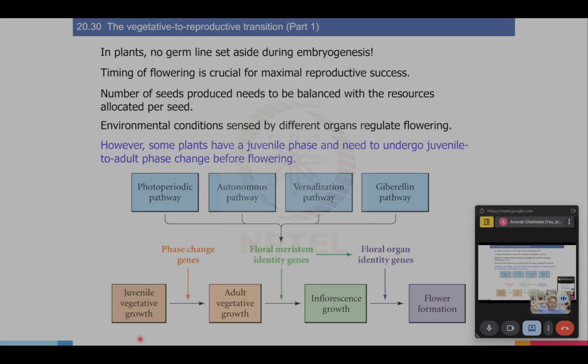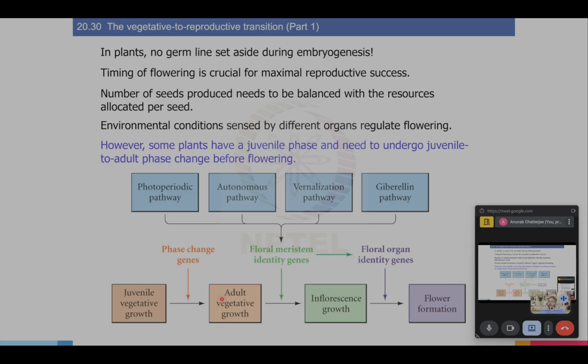Some plants initially only grow up to a juvenile vegetative stage, in which they have formed something looking like an adult body, but this plant will still not give rise to reproductive organs or seeds. It has to undergo changes to form an adult vegetative body. So there is a time period between juvenile and adult.